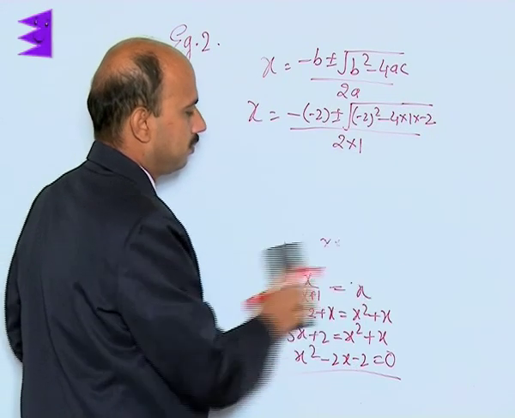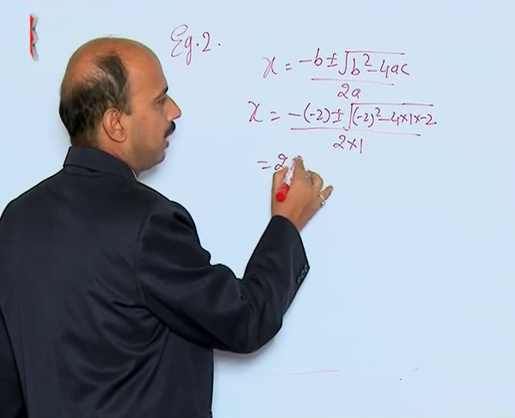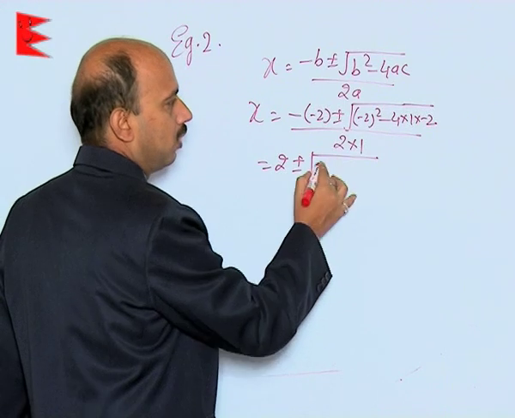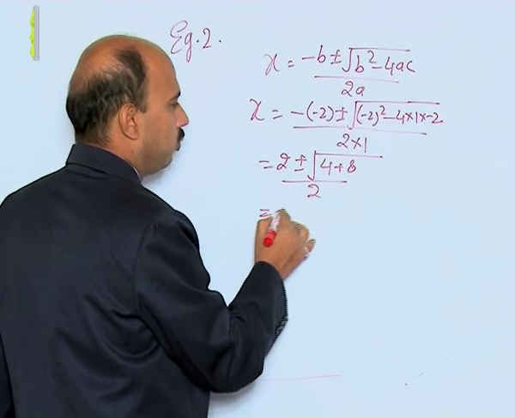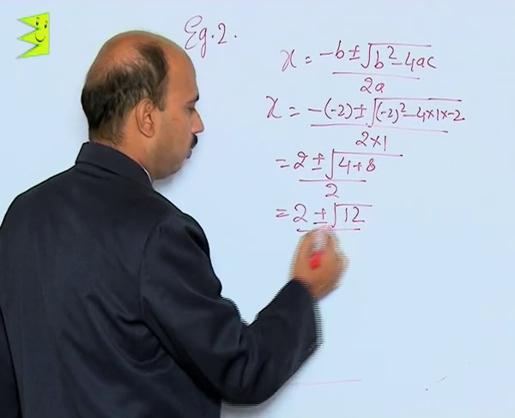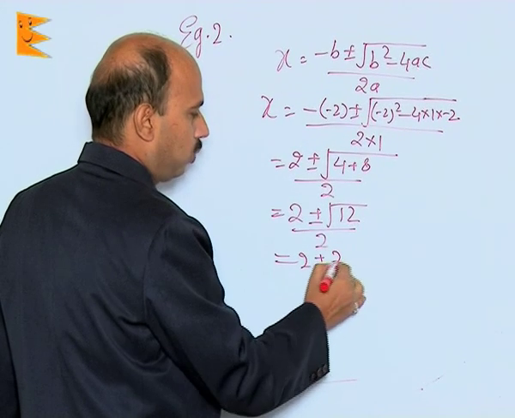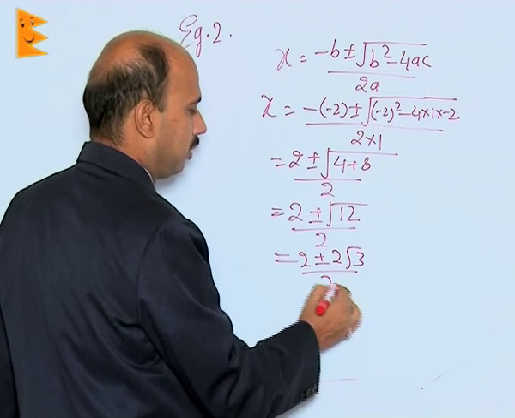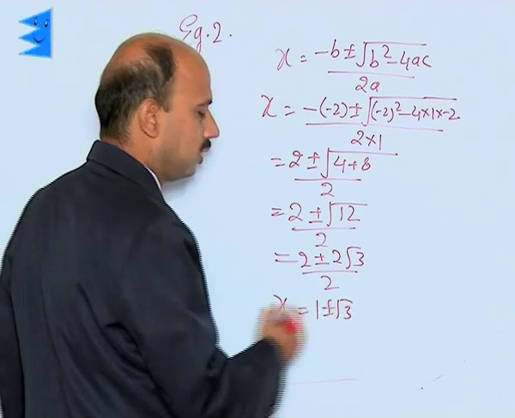So, we can write 2 plus minus under root of 4 plus 8 divided by 2. So, 2 plus minus under root of 12 divided by 2, and we can write 2 plus minus 2 under root of 3 divided by 2, and that can be written as x is equal to 1 plus minus under root 3.